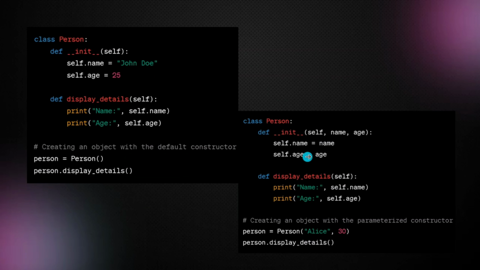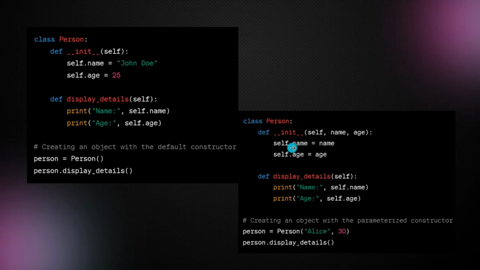But when you see the second screenshot, you can see that inside the init method, we have more than one parameter. The first parameter is self and it indicates the object, but the last two parameters are name and age. So when you create an object, it's important to mention the name and age as well, which will be mapped to self.name equals name.